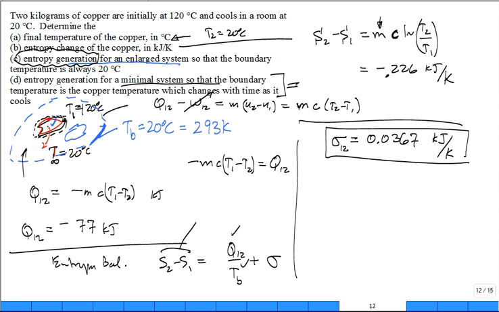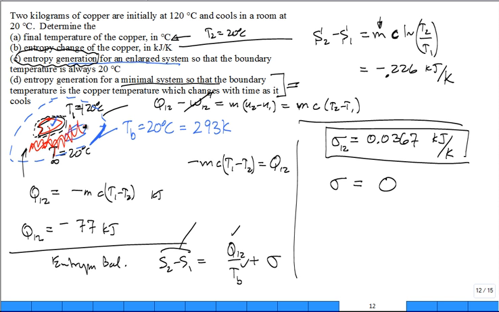And what you can find is that the sigma for that process is 0. So it's really not associated with heat coming out of the copper. The irreversibility is due to the heat transfer from the warm surface of the copper into the cool air. So the entropy generation is in this region in here. That makes sense? All right.